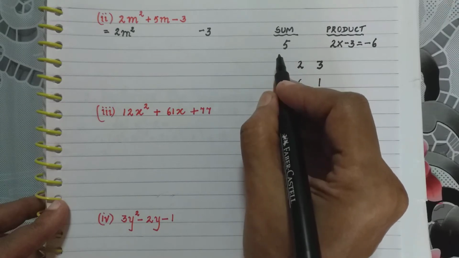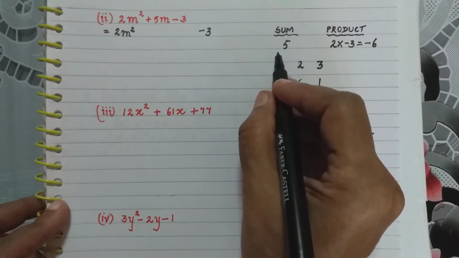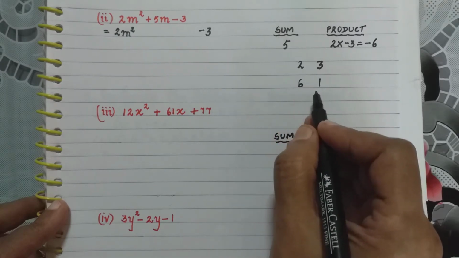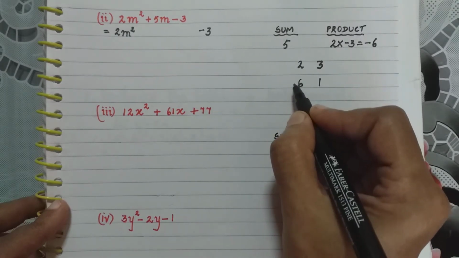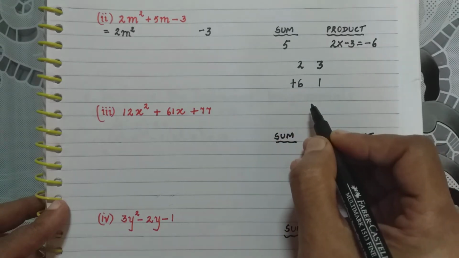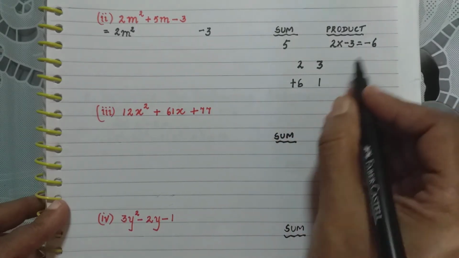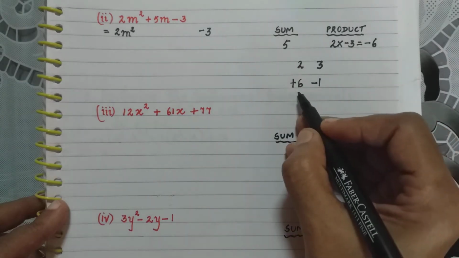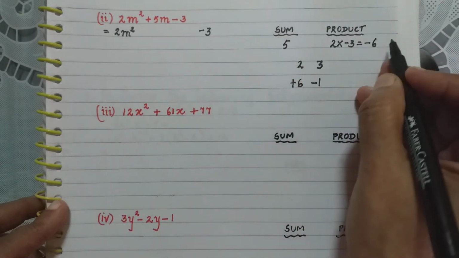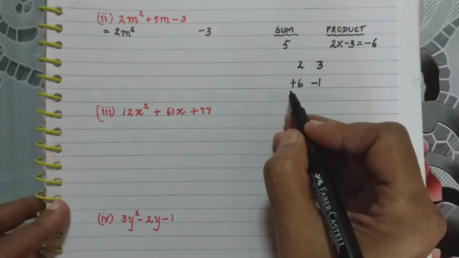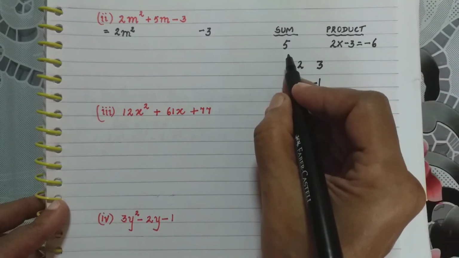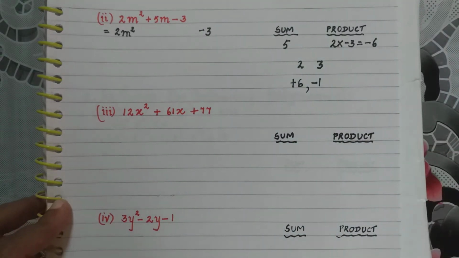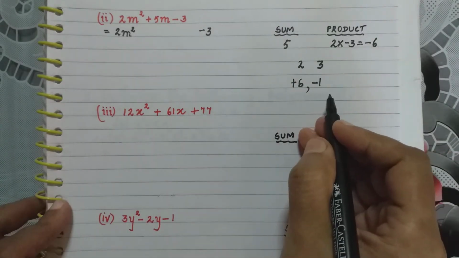The sum is plus, so the sign of the bigger number should be plus. So if I put plus 6, the other number should be minus because the product is minus. Plus 6 into minus 1 is minus 6. Plus 6 minus 1 is 5. So my factors can be plus 6 and minus 1.